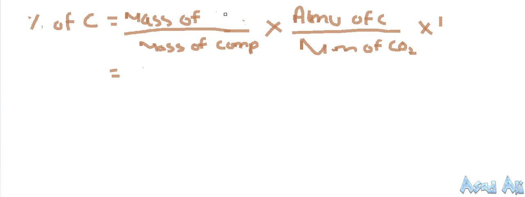To find out the percentage of hydrogen, we divide the mass of H2O produced by the mass of the compound and then multiply it by the atomic mass of hydrogen present in H2O divided by the molecular mass of H2O, and multiply by 100 to get the percentage of hydrogen.